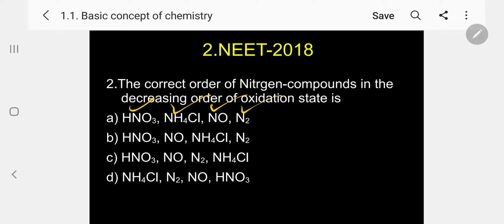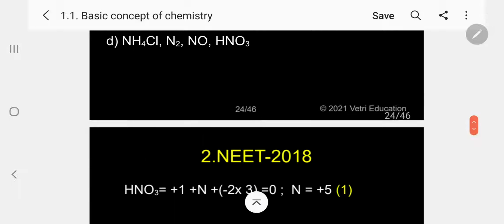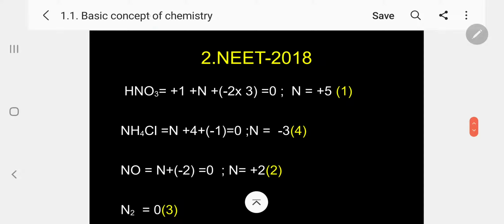Let me calculate for these, then I will find the correct order. So this is the molecule, I will write HNO3: H is +1, nitrogen I have to find, oxygen is -2, 3 oxygens, 3 into -2.